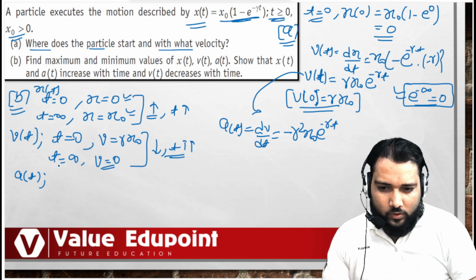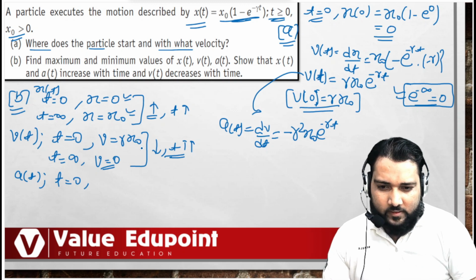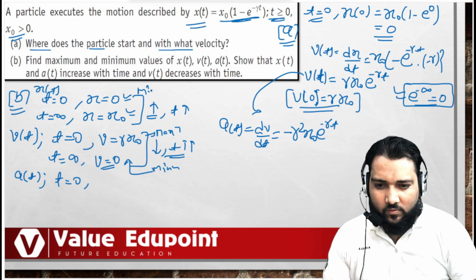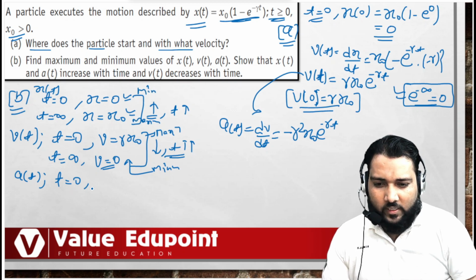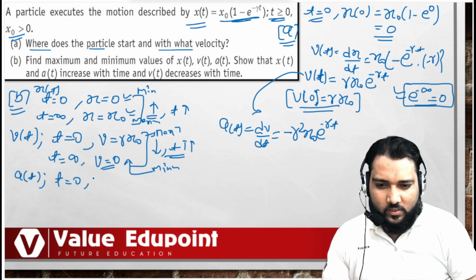So at t equals 0, this will be 1, so the acceleration comes out to be minus gamma square x naught.